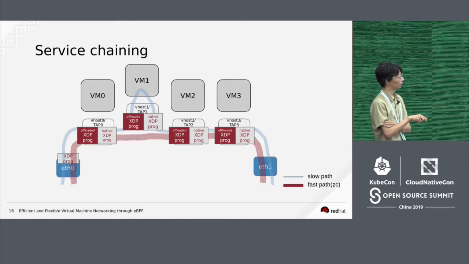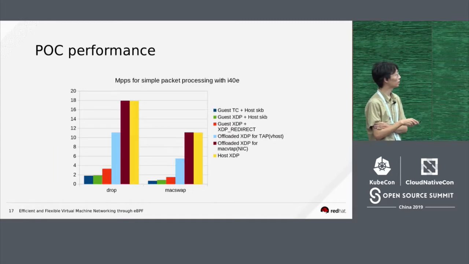It's zero copy in the process, no load cast onto the host, and if we cannot finish the processing, then we have to redirect all the unfinished packages into the system, and we have to redo the whole process. This is the whole procedure, and this is the service chaining.